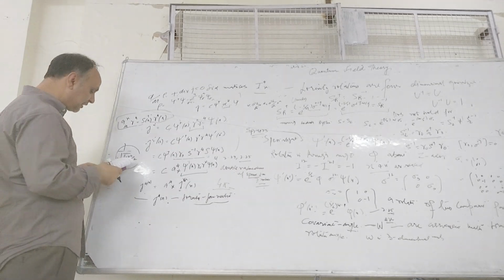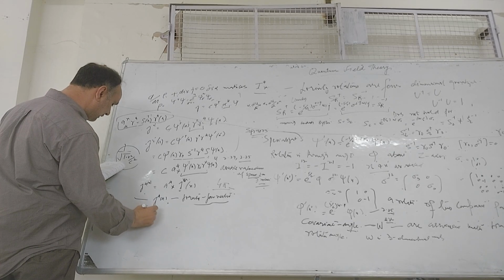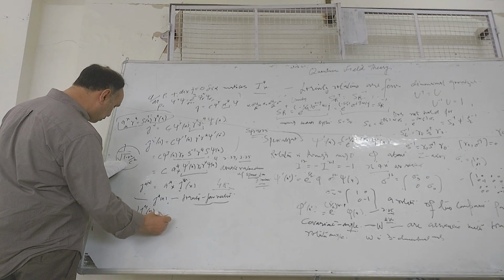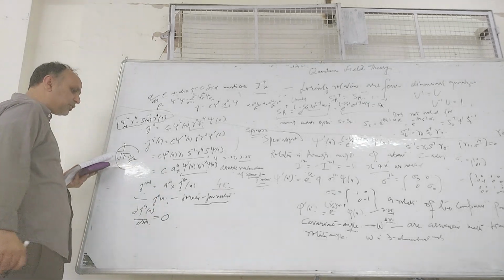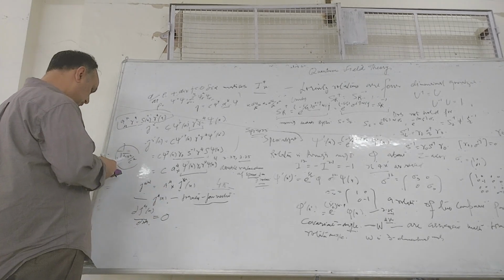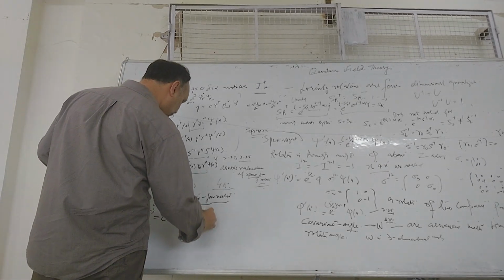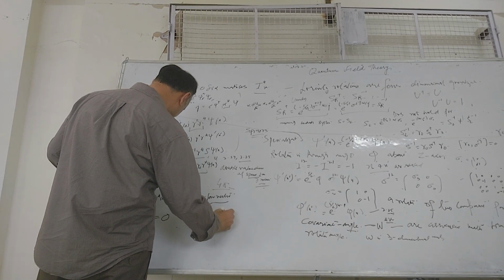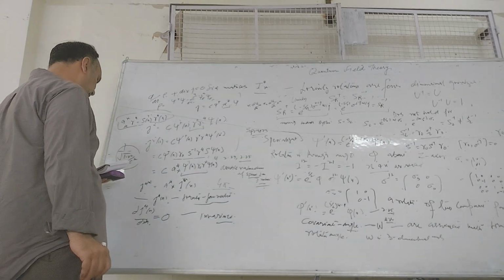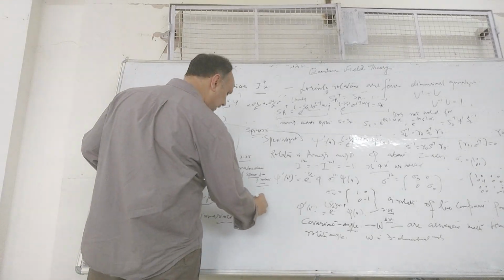So you can say that d J mu by dx mu will come out to be 0. This means it is invariant, or invariant probability is there.